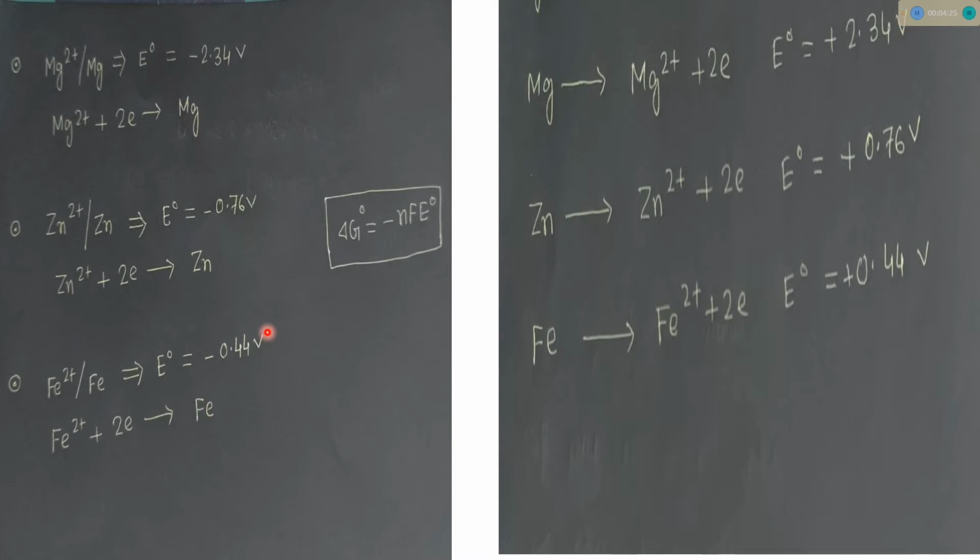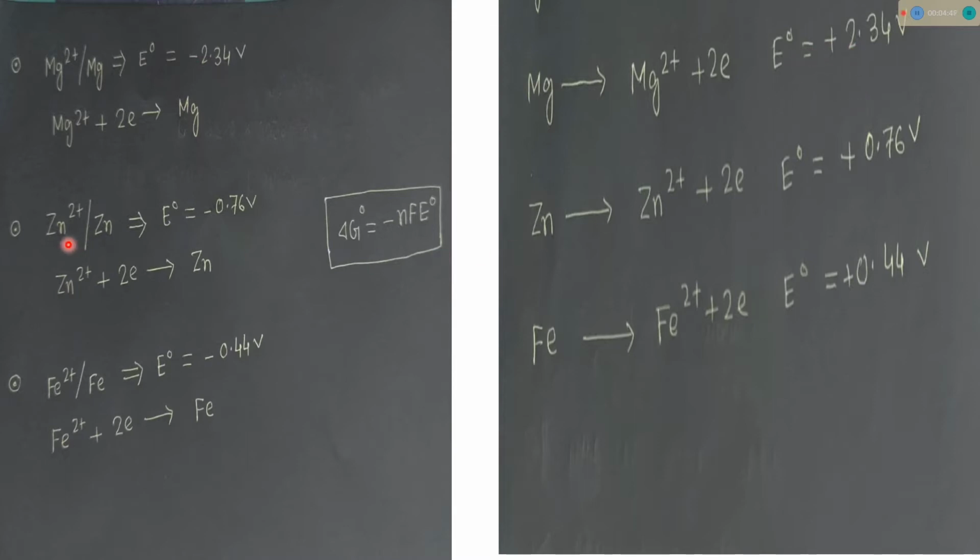Now think about the opposite reactions. Magnesium releases 2 electrons and is converted into magnesium 2 plus. This is the oxidation reaction, and the E0 value obviously becomes opposite in sign, minus 2.34 to plus 2.34.